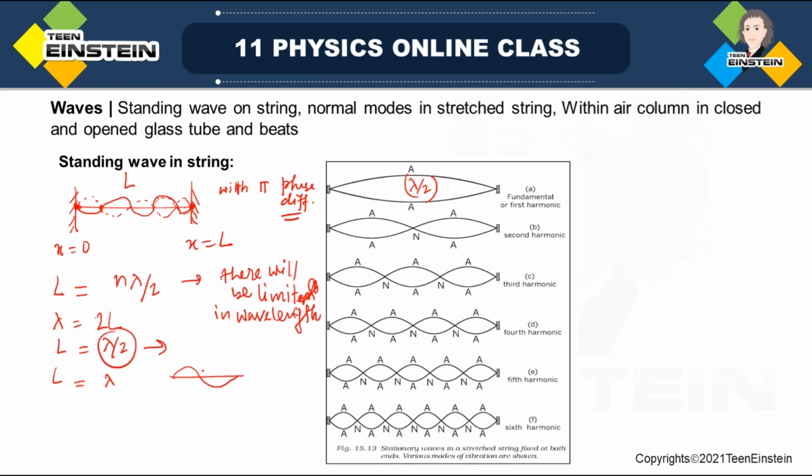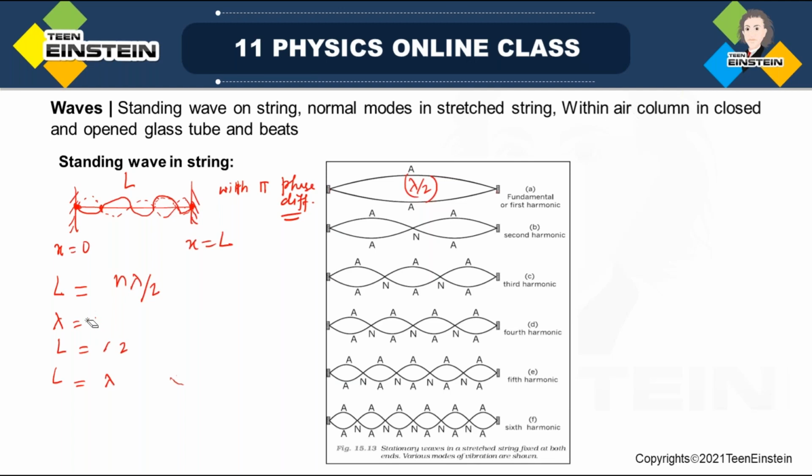Complete wave means standing wave here, so there should be one from the opposite side also. Like that we can have various frequencies or harmonics produced over here. Each wavelength will correspond to a different frequency. We will just come to that.